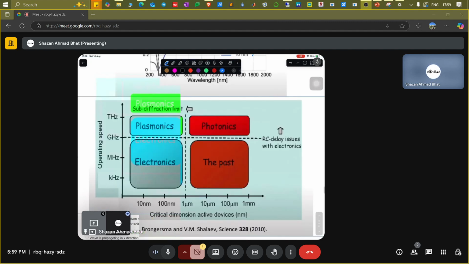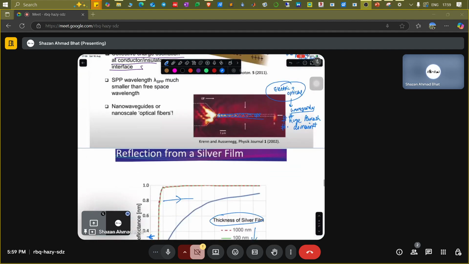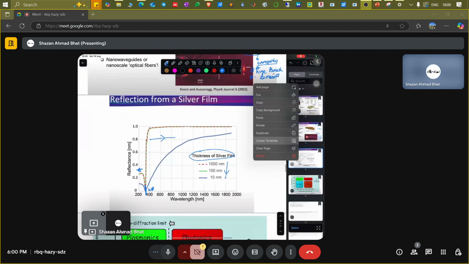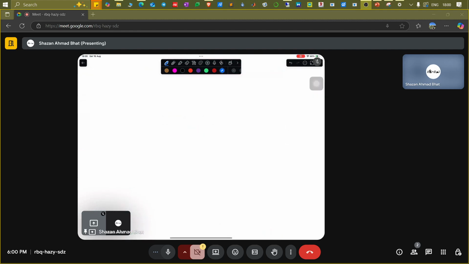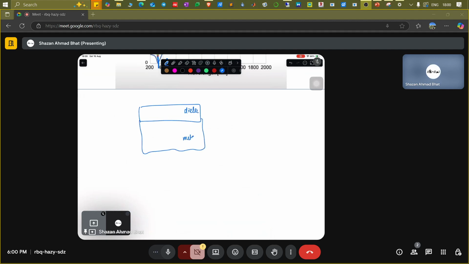Now let me just draw. Let's say you have a dielectric, and you have a metal. For this, the permittivity is epsilon d, and for the metal the permittivity is epsilon m. You have an incoming electromagnetic wave. Let's say epsilon d is greater than 0, epsilon m is less than 0.